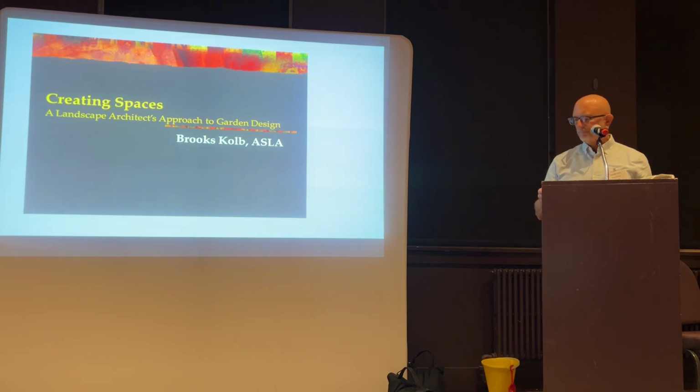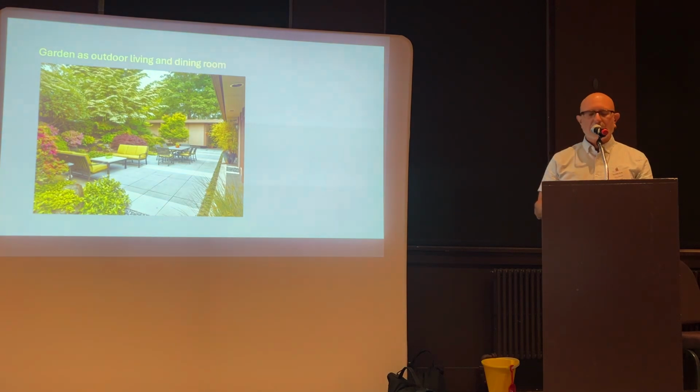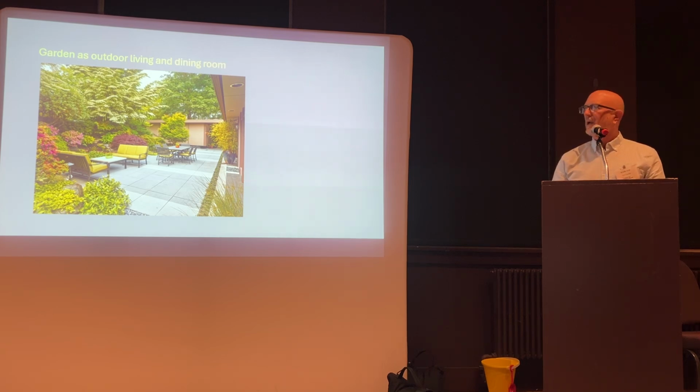Julia Meservy approached me many years ago and asked me to send her a bunch of photos of my work in view of the idea that she might include some of my gardens in her book. And out of all the hundreds of images that I sent her, she picked not this image, but a similar one.